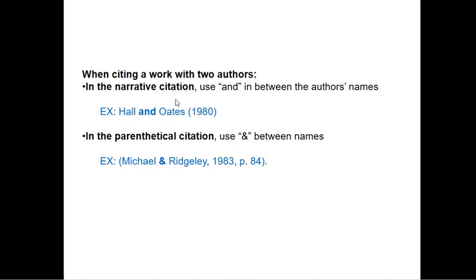So you'll have Hall and Oates, parentheses, publication date. If it's a parenthetical situation, as I showed you before, you will have an ampersand. So if you're putting all of the information within the parentheses at the end of either the paraphrase or the direct quote, then you will use the ampersand. Again, if it's narrative, you will use the actual word and.